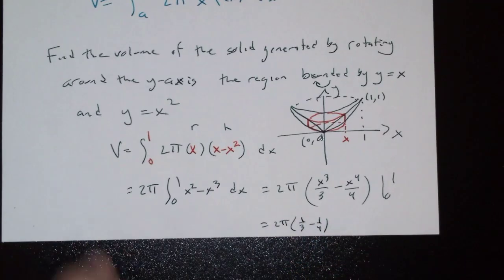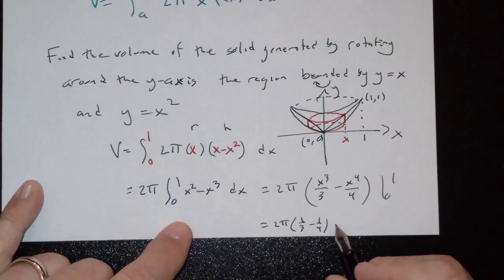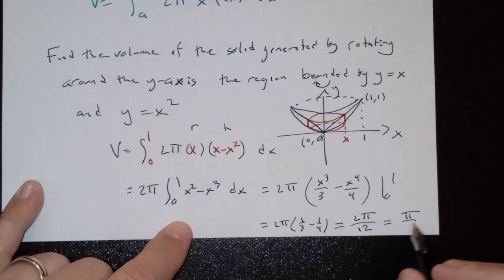When I put in 0, I'm going to get 0. Hey, wait a minute. 1/3 minus 1/4. My common denominator is 12. So I end up with 2 pi times 1/12, which is pi over 6.